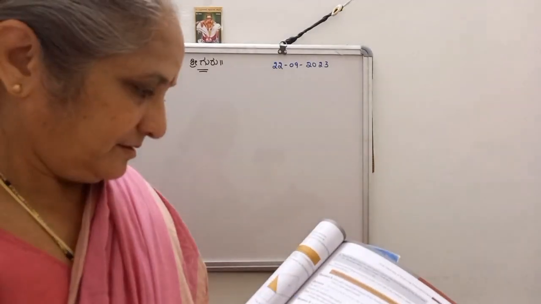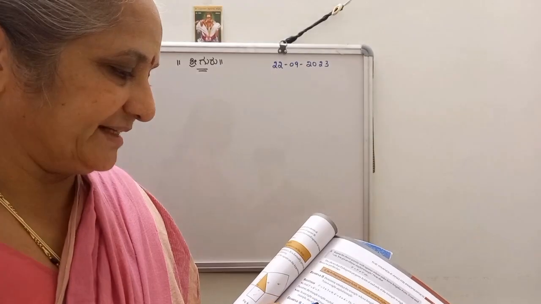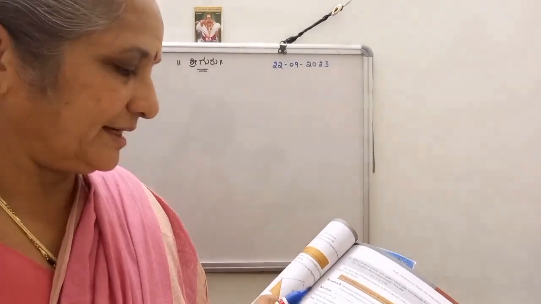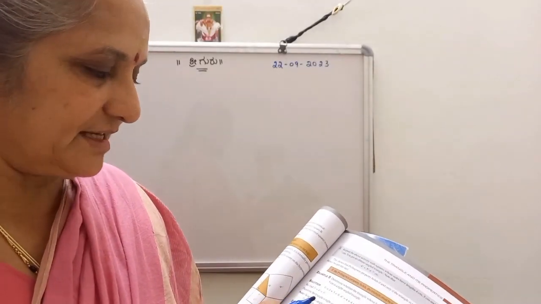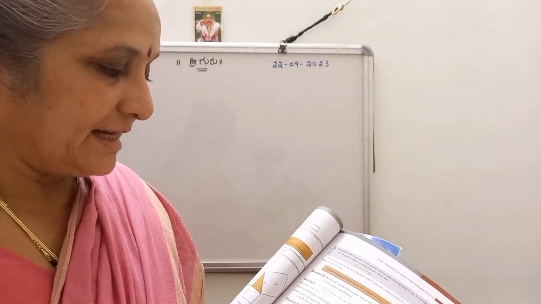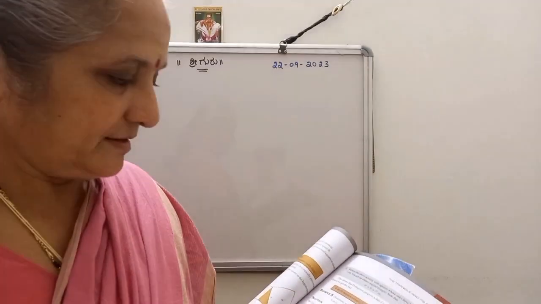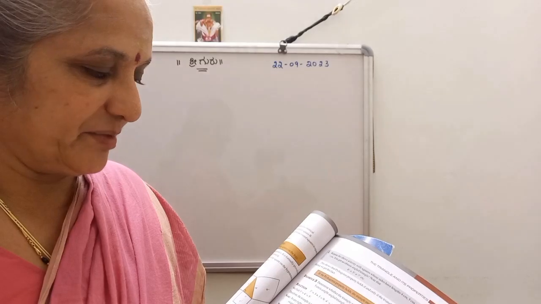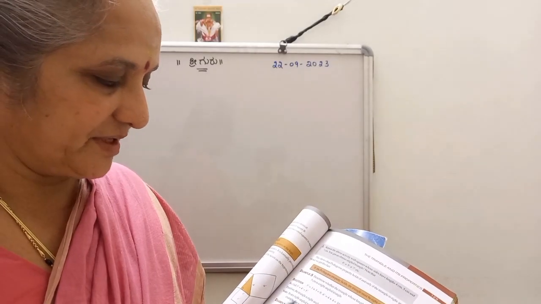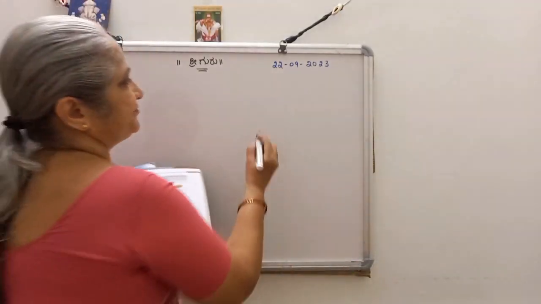Here they have asked us to find the length of AB. Let us solve this. Example 6. In triangle ABC, right angled at C, if AC is equal to 5 cm and BC is equal to 12 cm, find the length of AB.